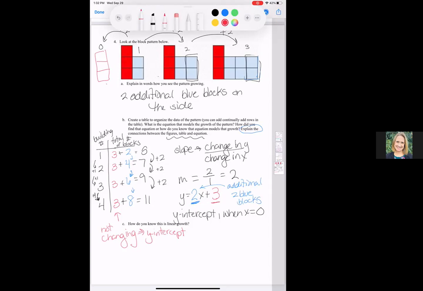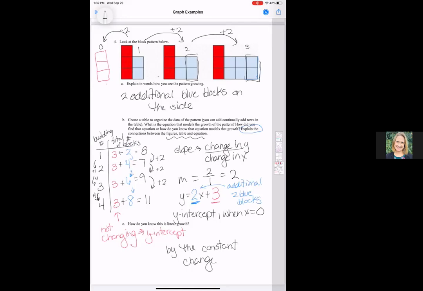And then lastly, how do you know this is linear growth? The best way to see that is by the constant change. Every time, the blocks are just adding 2 additional.